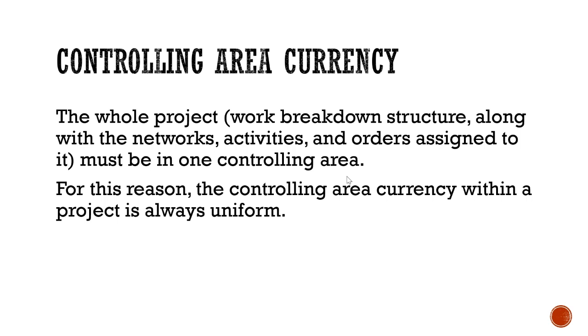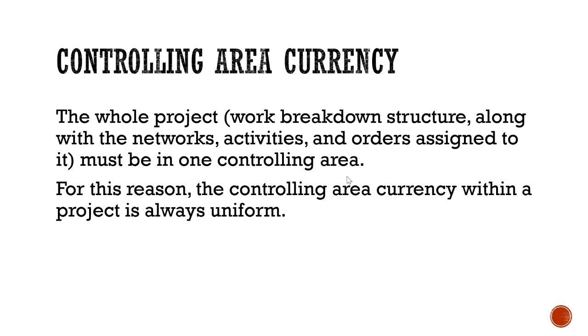Here I repeat the two very important points: the controlling area defined in the project definition is applicable to the entire structure, and the controlling area currency coming against the entire structure assigned to the project is the same currency defined in the controlling area of that project. That's the reason the controlling area currency will be the same from project definition to activities and the orders assigned to the project.